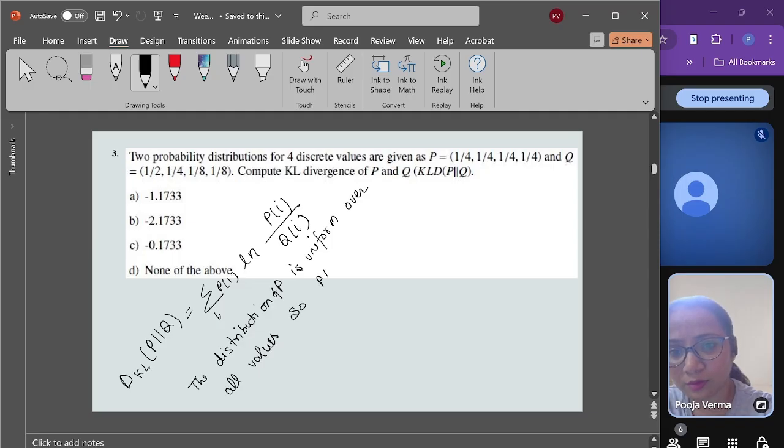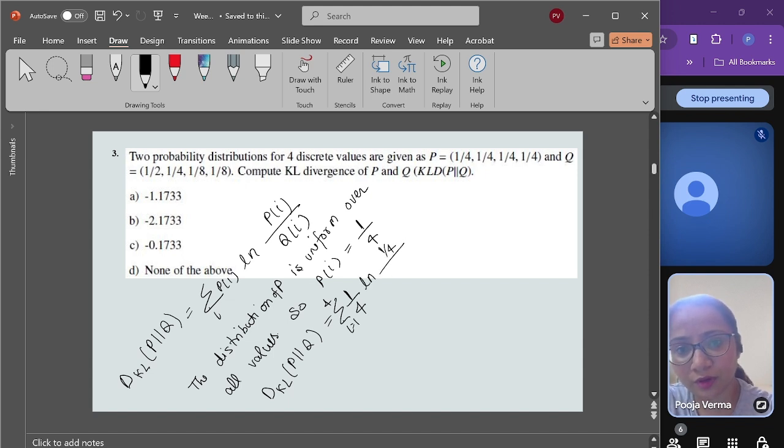So P of i will be 1 by 4 itself because it has an equal distribution across. So we can write this as sum over i from 1 to 4, because here 4 discrete values are given only, of 1 by 4 ln 1 by 4 divided by Q of i. For Q it will vary.